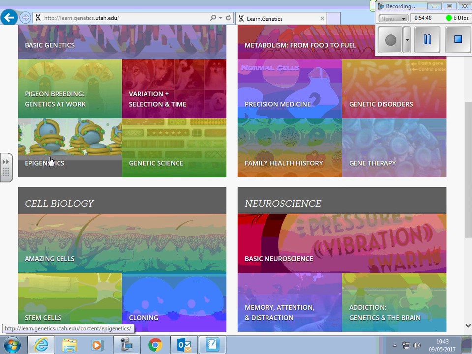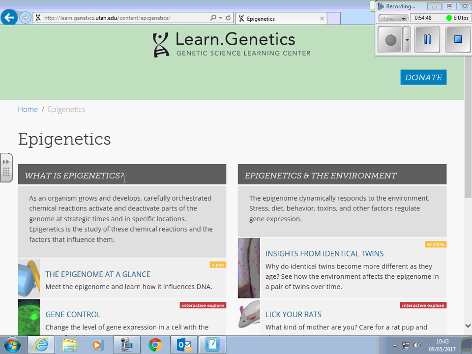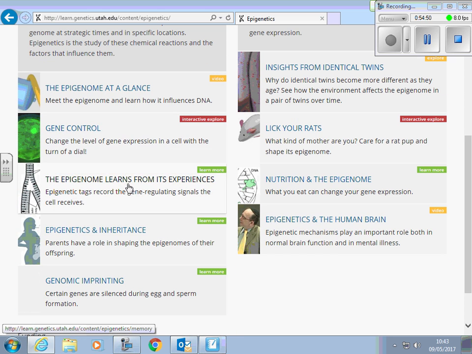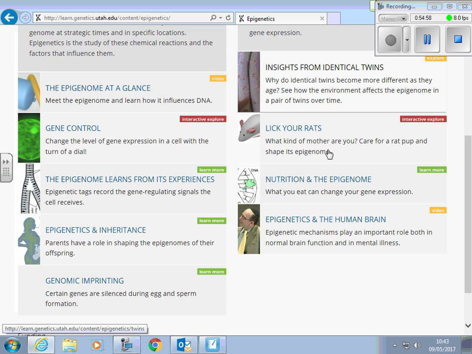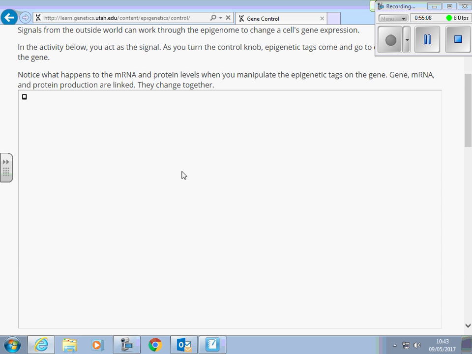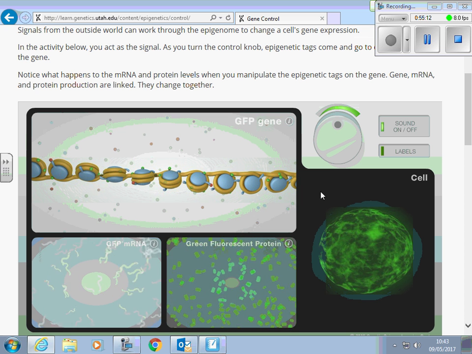The epigenetics section takes you through quite a lot. This is the one, gene control. Probably it won't run on here, knowing my luck with things like Flash, but it does. Right, there you go.